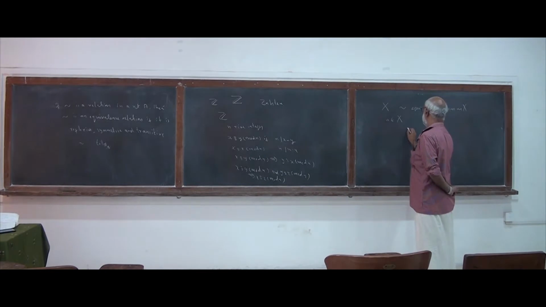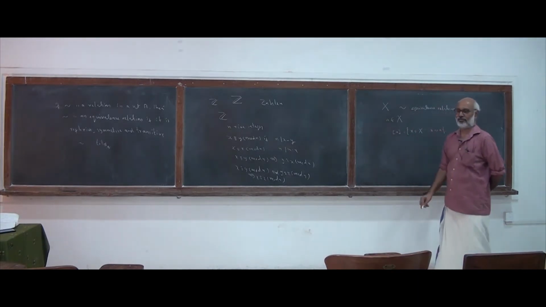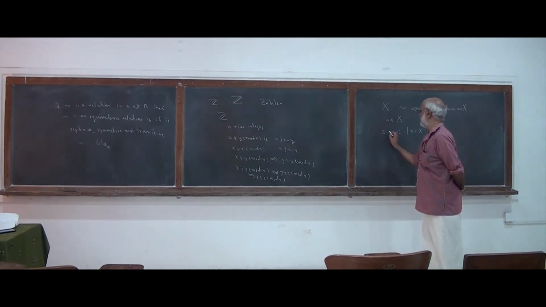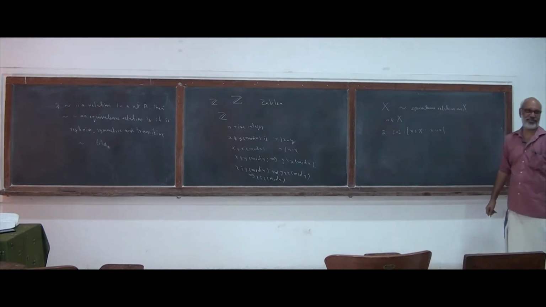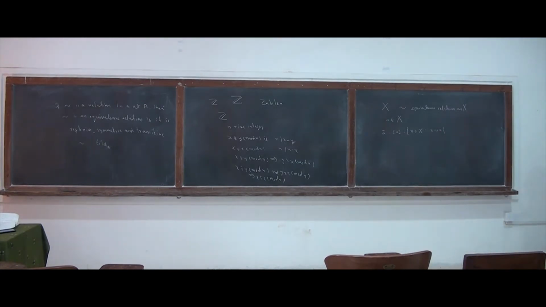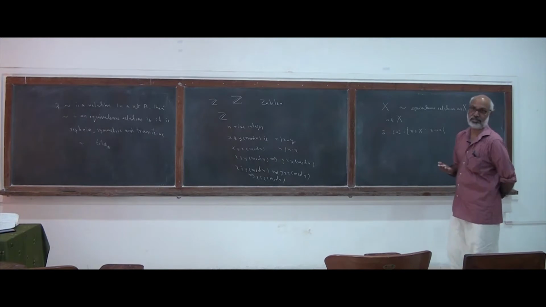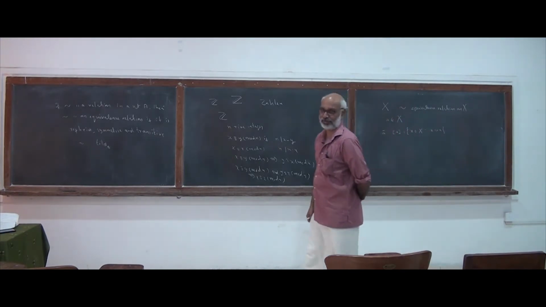That is, you take the set of all x element of x such that x is equivalent to a. Usually that is denoted by some symbol like this. That is the set of all elements of the set which are equivalent to this particular element.